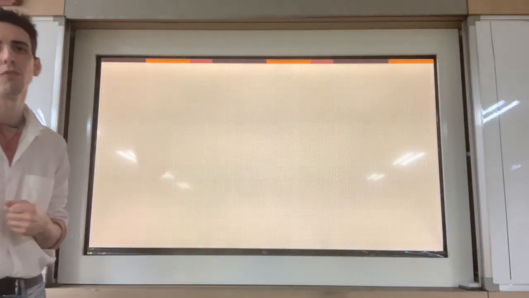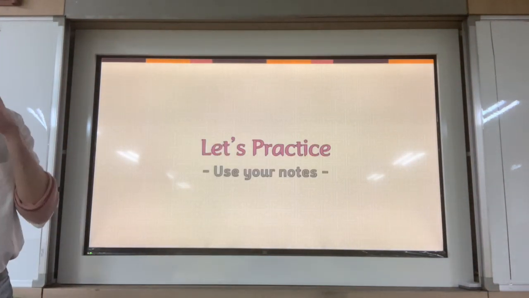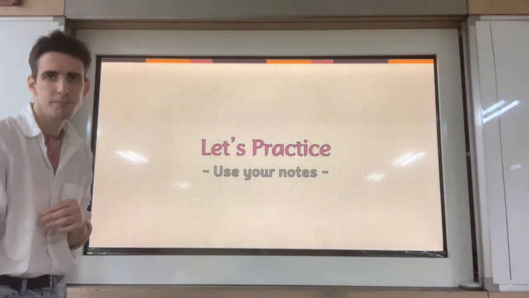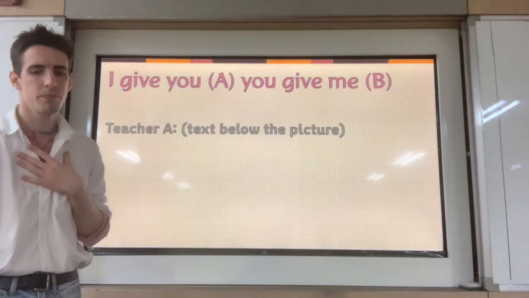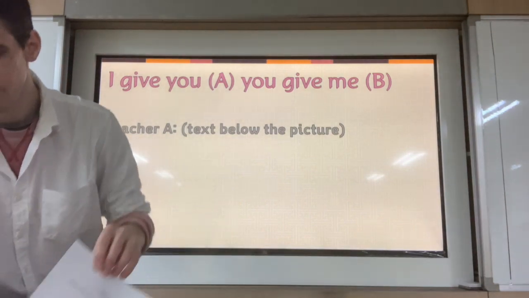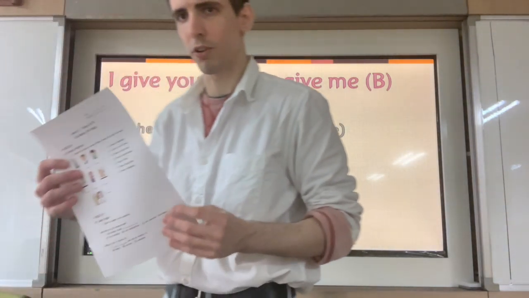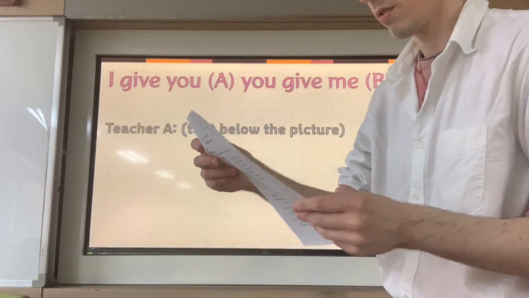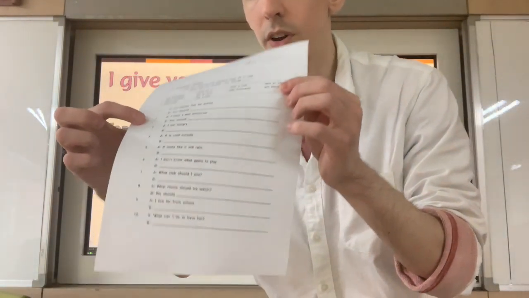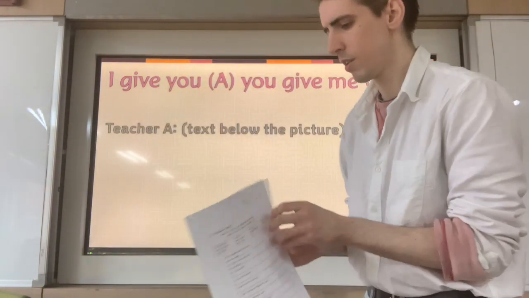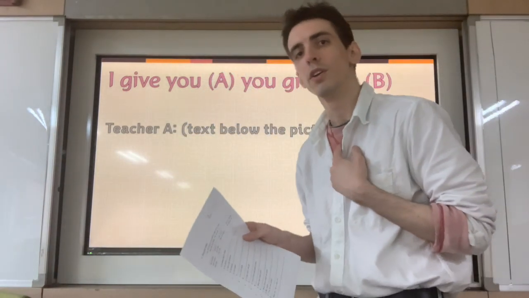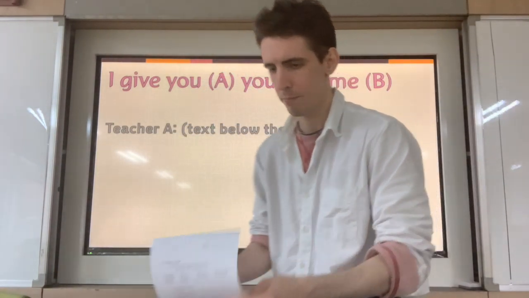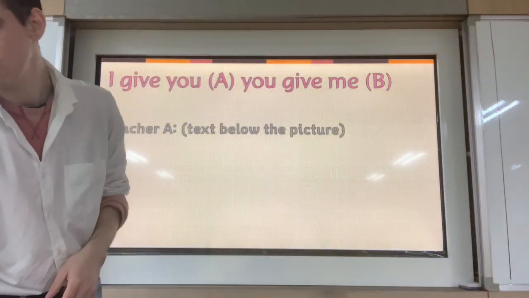Okay, move on. So let's practice. I'm going to give you A. So looking at your worksheet here, it's on this page, all of this. I give you A. You give me B. So let's try it.